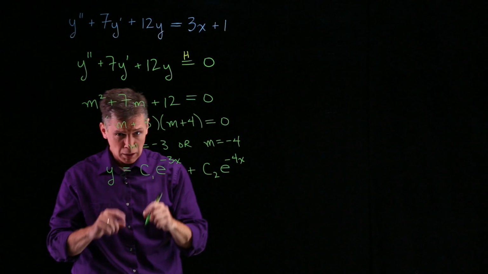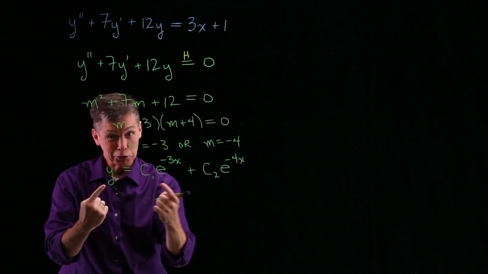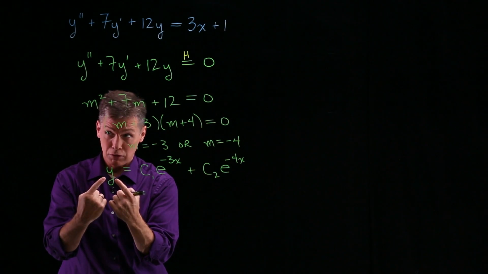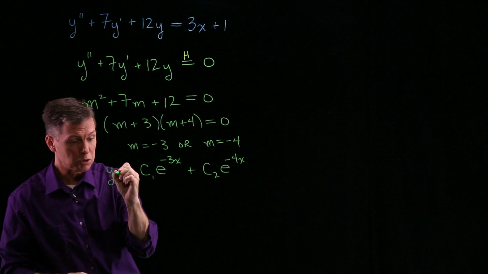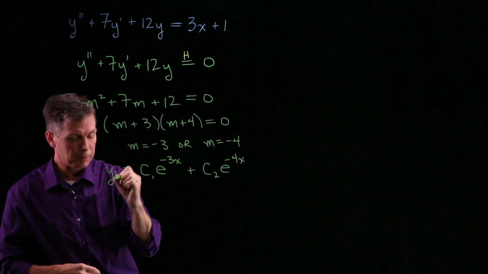Okay, look good? Now I'm going to add one little tagline here: I think this work looks good, but that's the y, that's the answer, that's the solution to your homogeneous version. So let's put a subscript of h on that, okay?